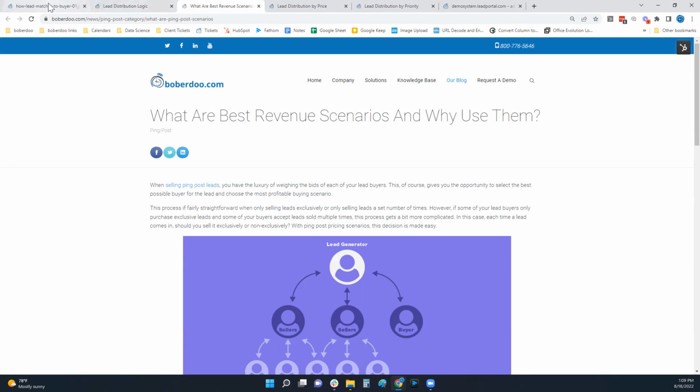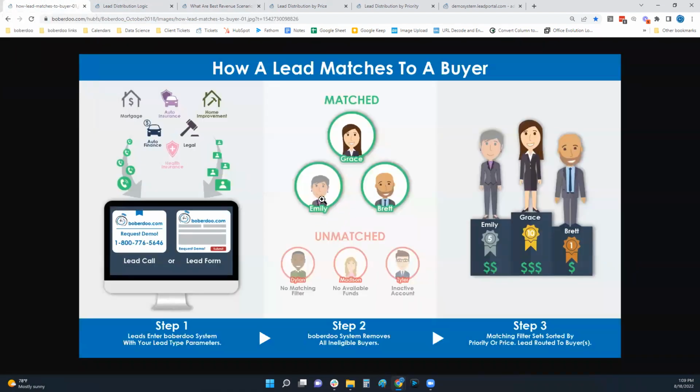So when we go back to our matching logic here, scenarios evaluate the best exclusive buyer against the sum of the non-exclusive buyers or other exclusive buyers. So in this example, the ping comes in, let's say Grace is exclusive, Emily and Brett are non-exclusive. Let's say Grace is at $20.